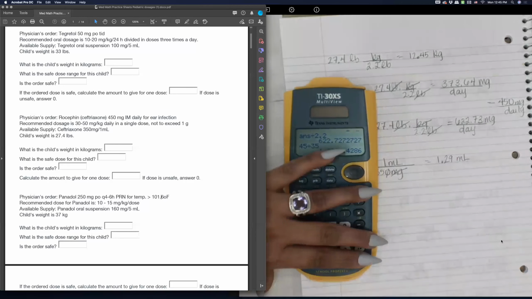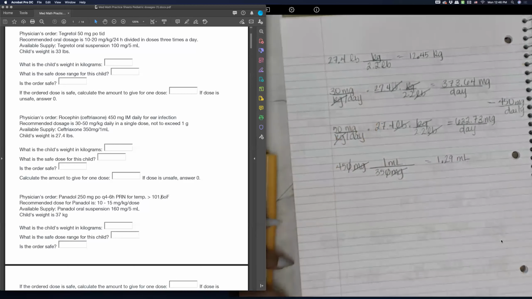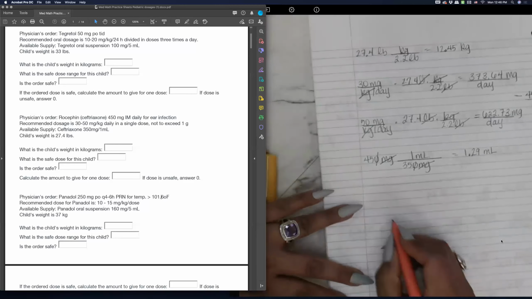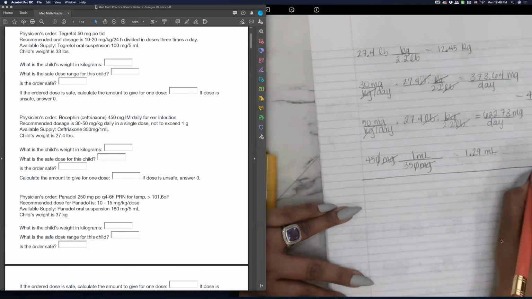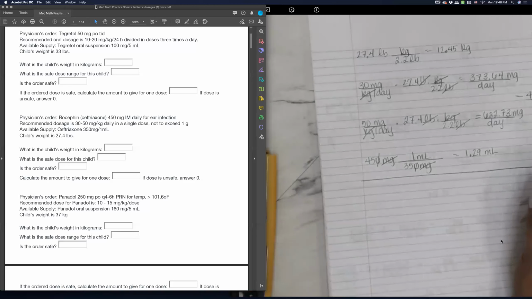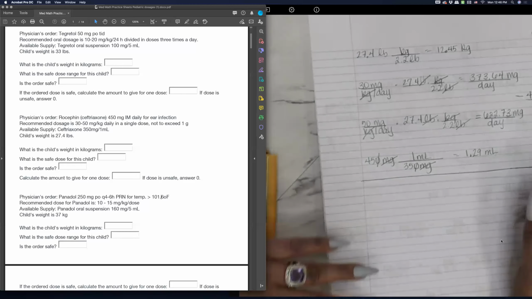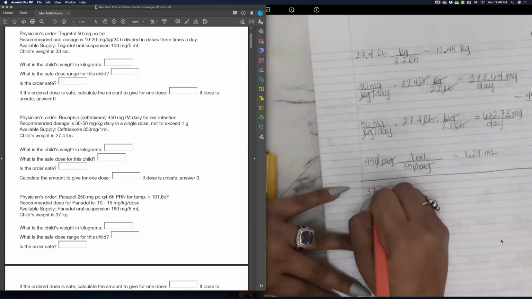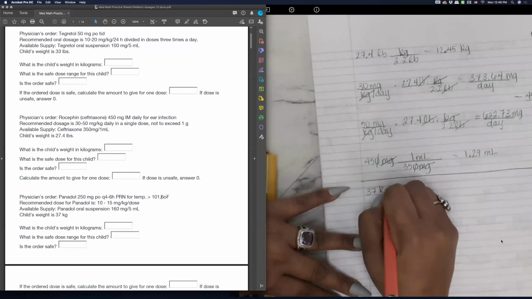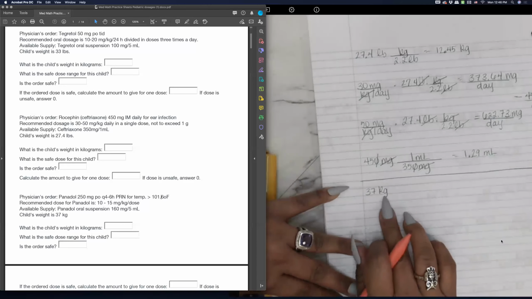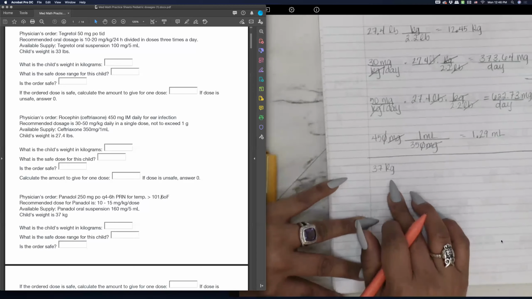Okay, next problem. The physician's order is Panadol 250 milligrams PO Q 4 to 6 hours PRN. The recommended dose is 10 to 15 milligrams per kilogram per dose. And the child weighs 37 kilograms. So we already have our mass in kilograms, so we don't need to convert anything here.